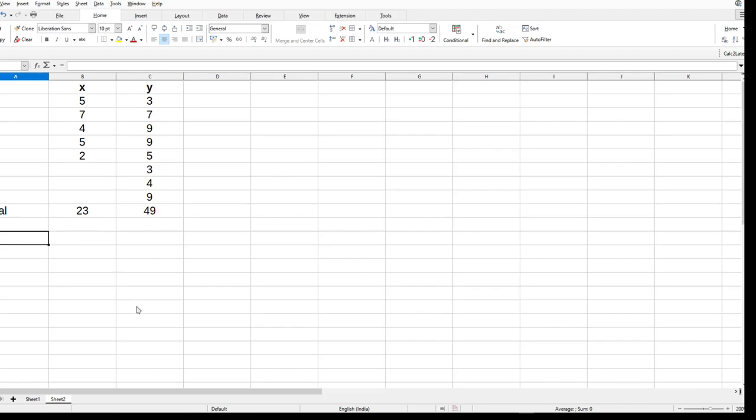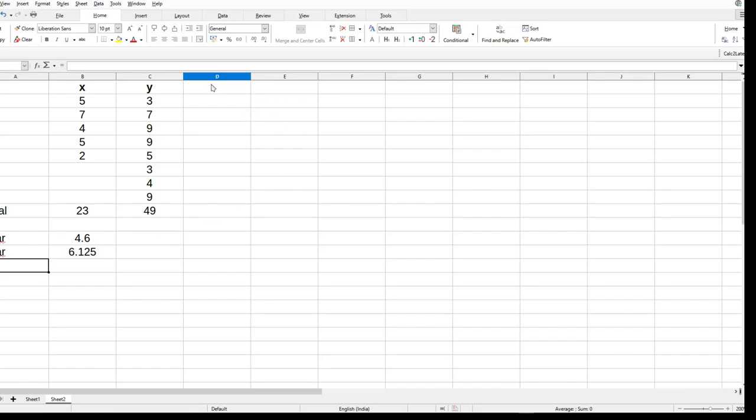So x bar is equal to 23 divided by 5. Similarly y bar will be equal to 49 divided by 8, right? So 6.125, that is the average of y.